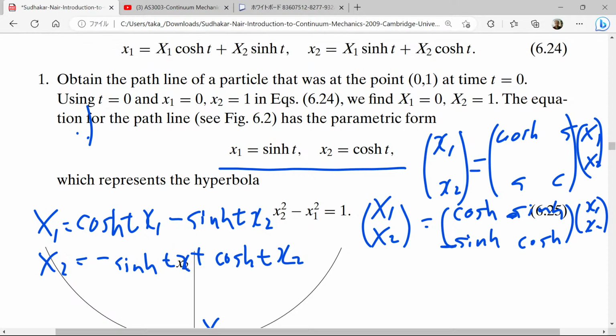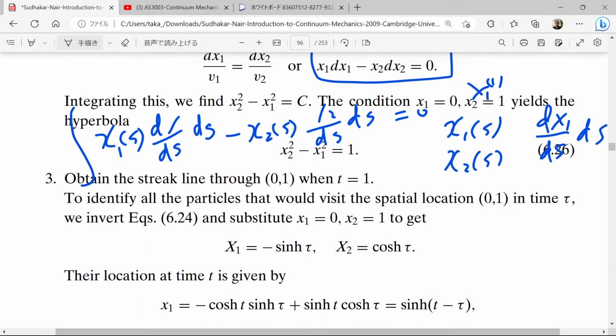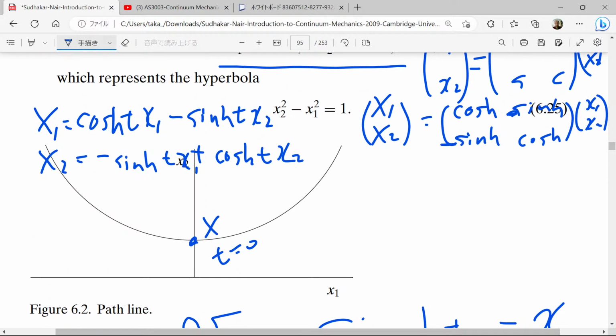Then the point is when t equal 1, we have 0, 1. When t equal 1, then x1 is 0, x2 equal 1.